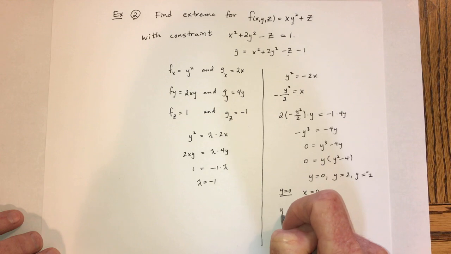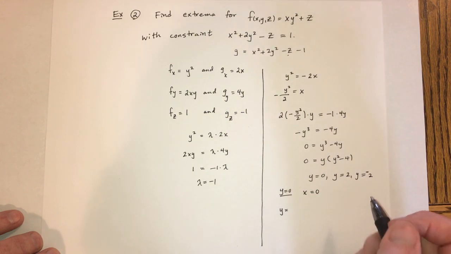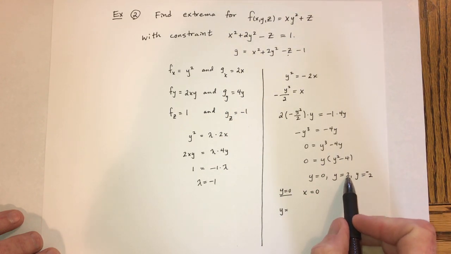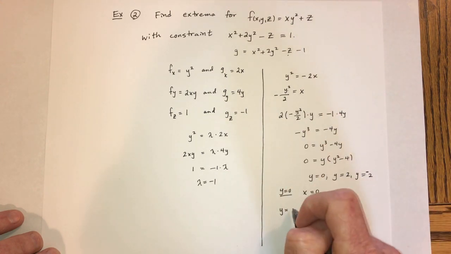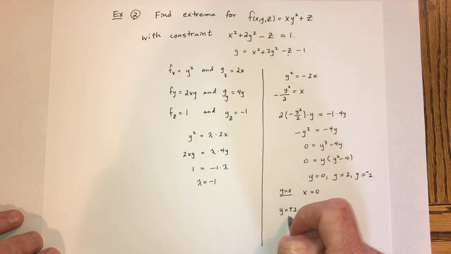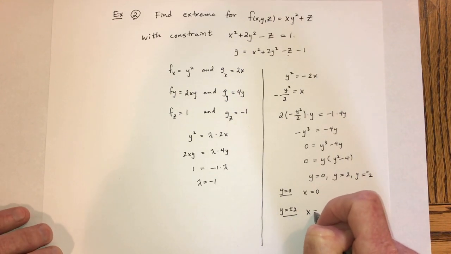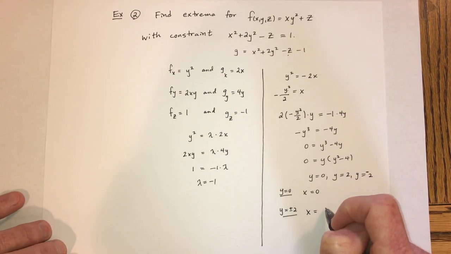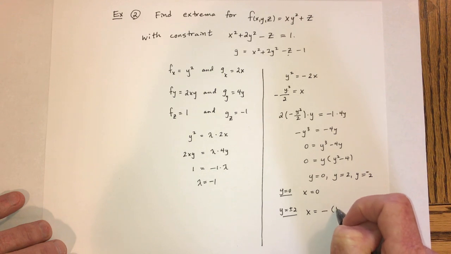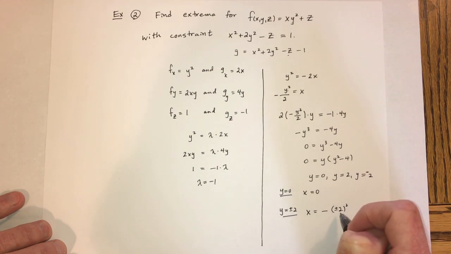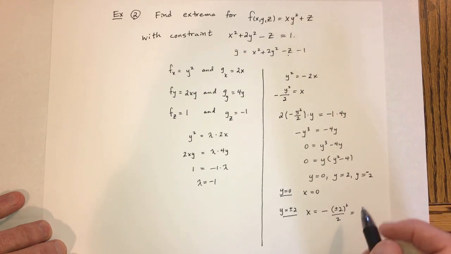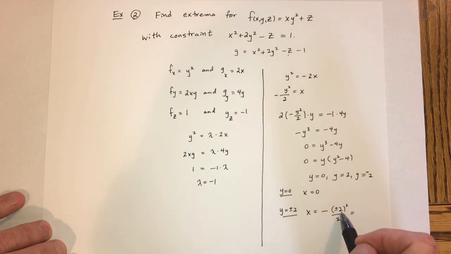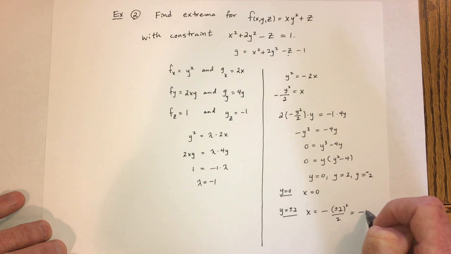And then if y equals, now it actually doesn't matter if I put the plus or minus 2, because it's going to get squared either way. So y equals either a plus or minus 2, then x is equal to negative of plus or minus 2 gets squared divided by 2. So that's going to be a 4 divided by 2, so it's going to be negative 2.